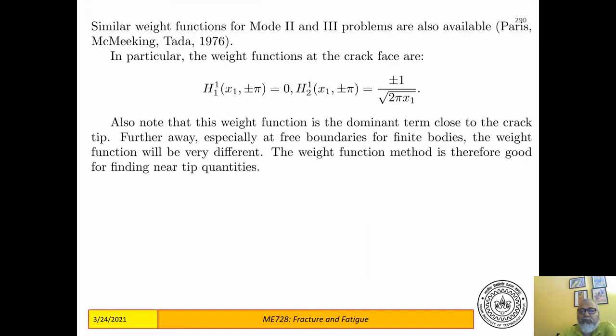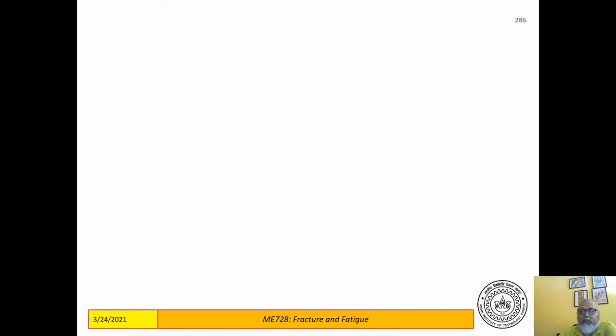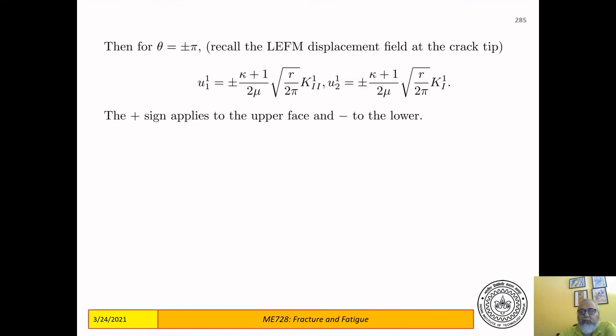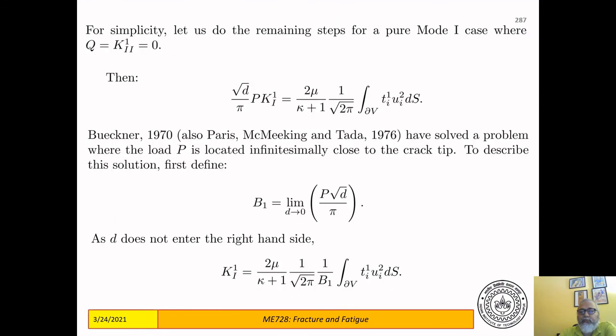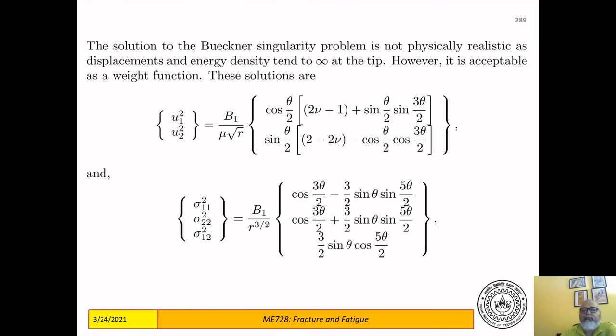That means you apply these displacements.